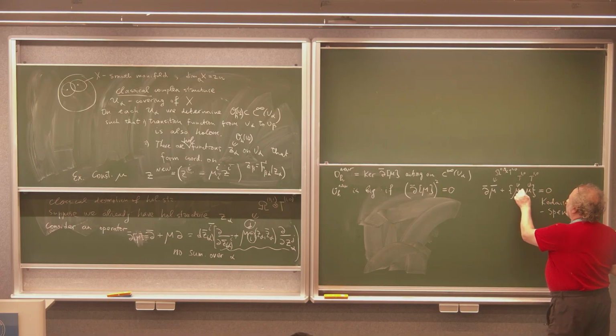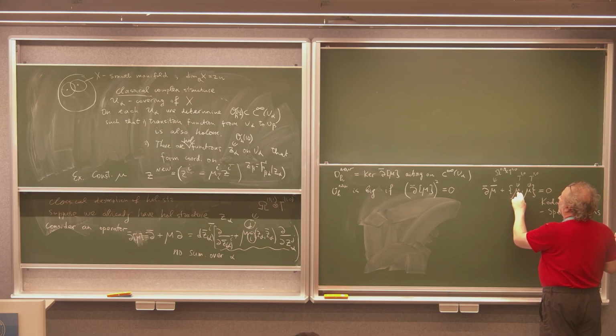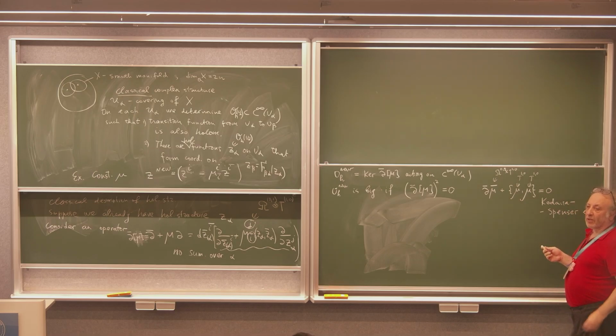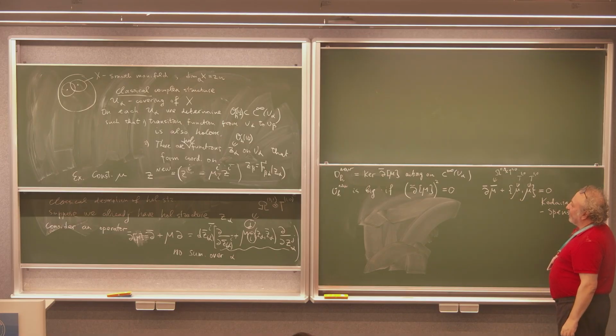So I can take bracket on this T10. And this is the meaning of this bracket. At the same time, mu is 0-1 form. That's why I have 0-2 form. So I kind of explain the meaning of this equation. Now, this is the story about classical complex structure.